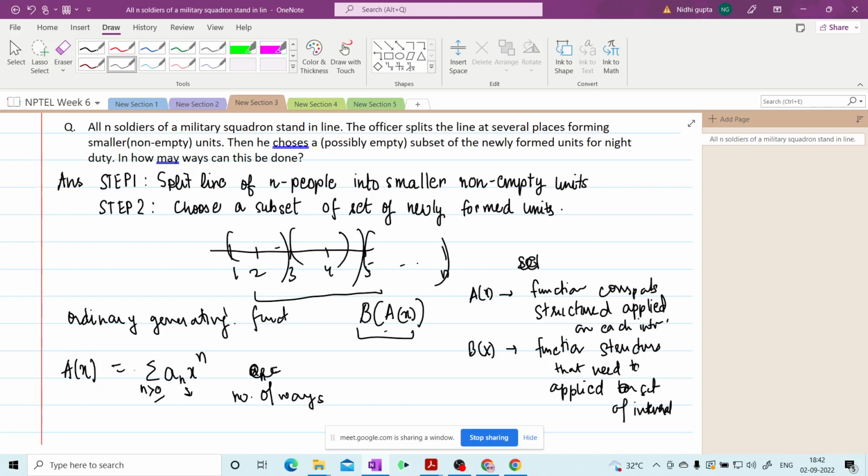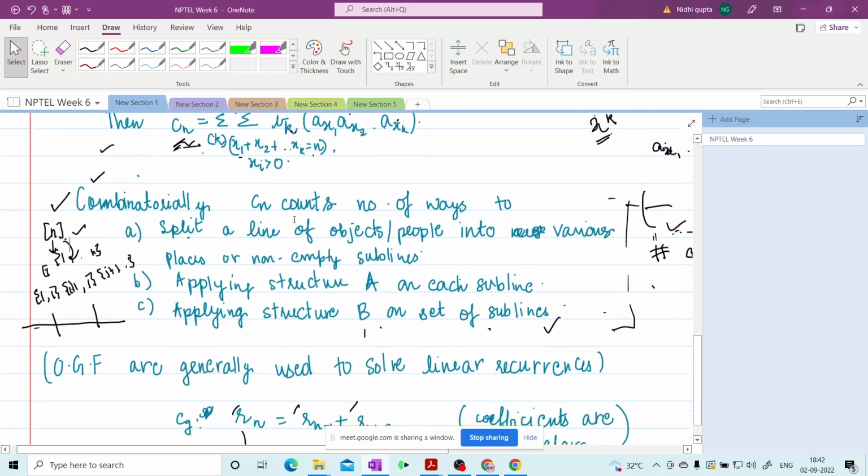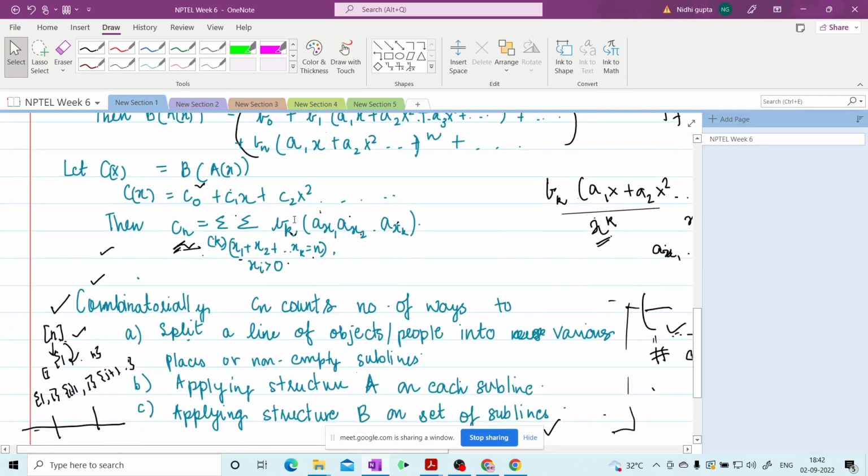So when we are using composition of ordinary generating functions, what is c_n counting?